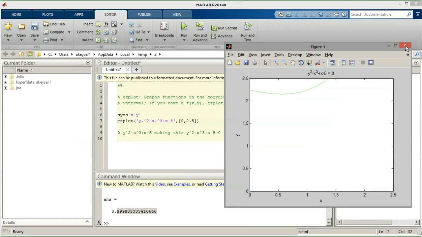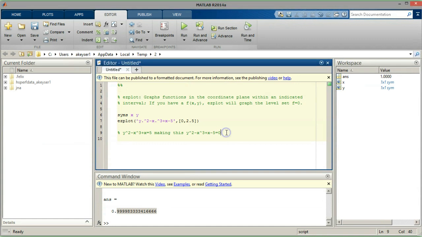So let me put a new comment here: inline identifies the function.